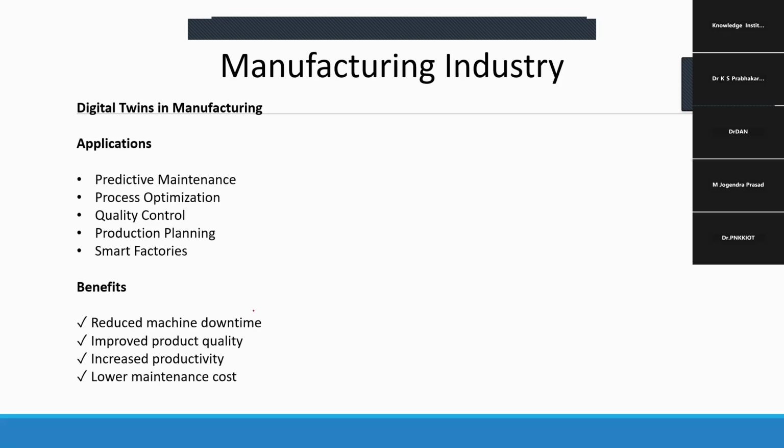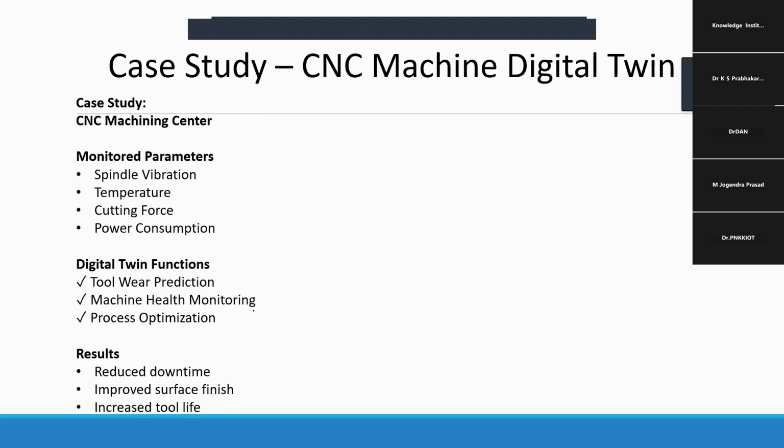improve the operational efficiency. So, for example, if I take a case study of a CNC machine digital twin, I'm selecting the CNC machine center as a digital twin. Already I told about this example, right?